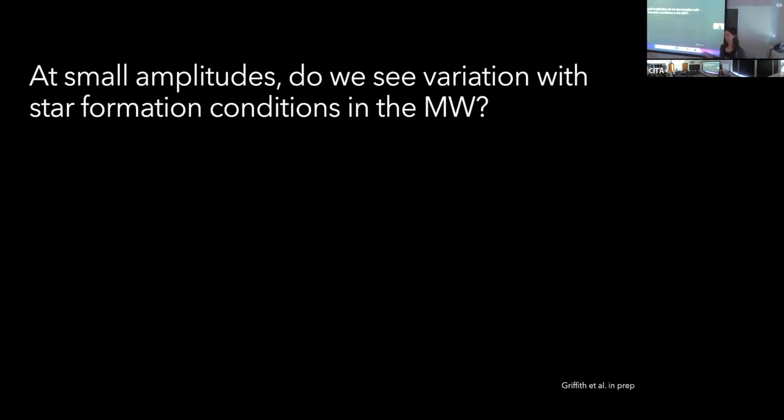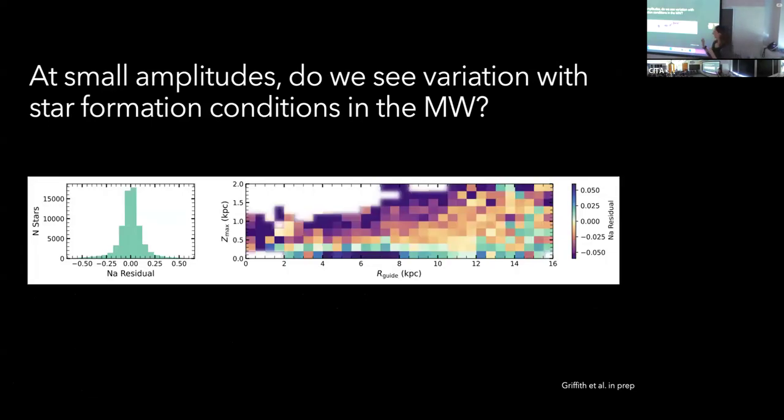So at small amplitude, can we see this in the Milky Way? Because we know that the Milky Way disk also has had different chemical evolution over its different orbits and spatial regions, right? At large amplitude, this model does a really good job at predicting the abundances. But if we look at the really small residuals, we do see interesting structure there. So this is just an example for sodium.